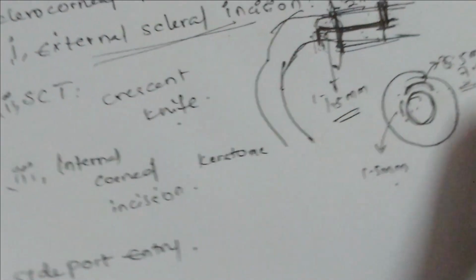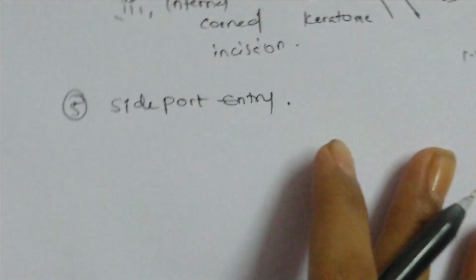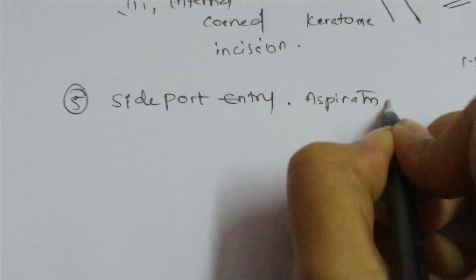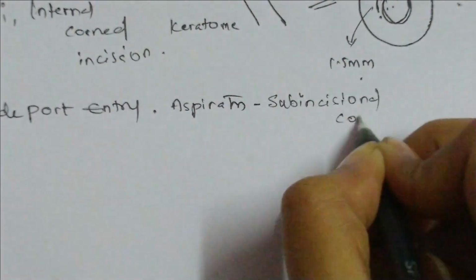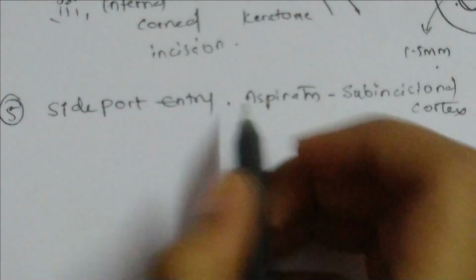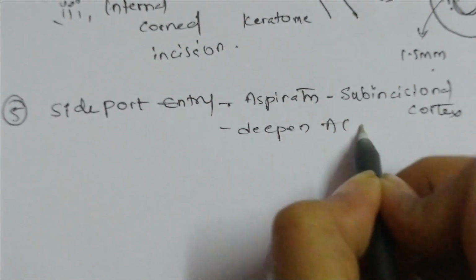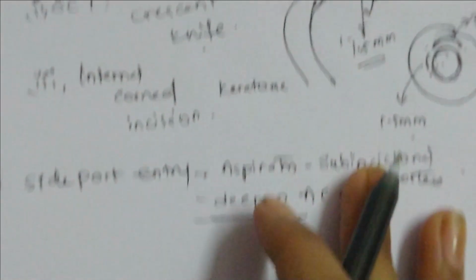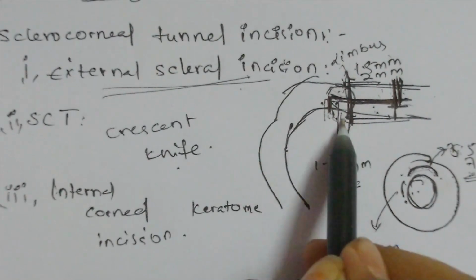The main purpose is aspiration. Aspiration of what? Subincisional cortex, and to deepen the anterior chamber. After surgery, we have to deepen the anterior chamber to help in closure of this sclerocorneal tunnel.